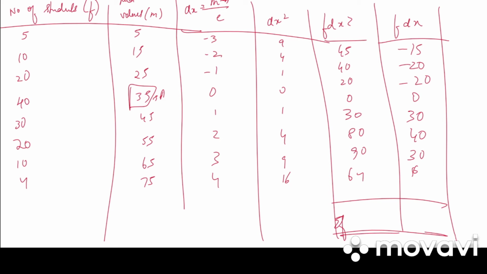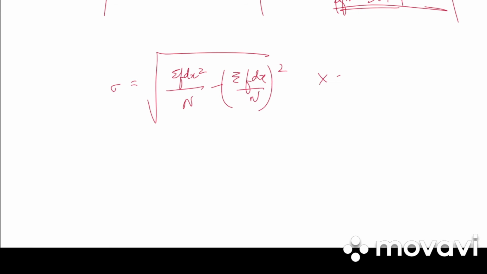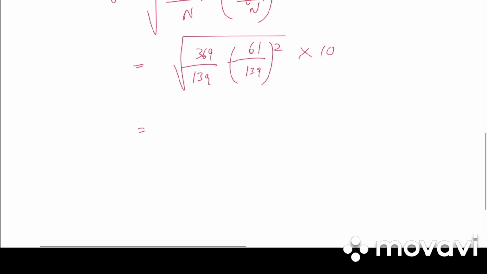So what is summation f dx square? It is 369, and summation f dx is 61. So standard deviation is equal to square root of summation f dx square divided by n minus summation f dx by n square, into c. So 369 divided by 139 minus 61 divided by 139 square, into 10.